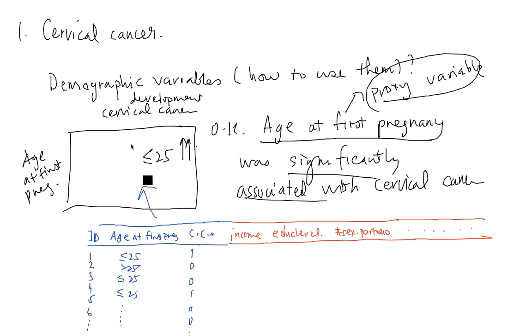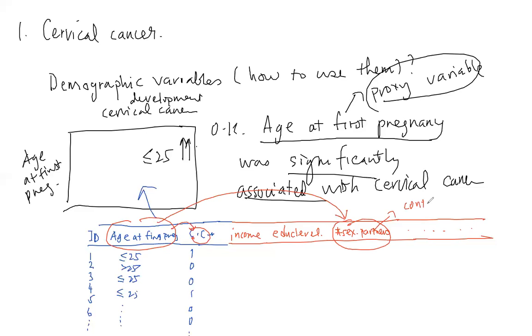So the idea is, since age at first pregnancy is significantly associated with cervical cancer, then if, for example, it is also significantly associated with the number of sex partners, we can consider these demographic variables.